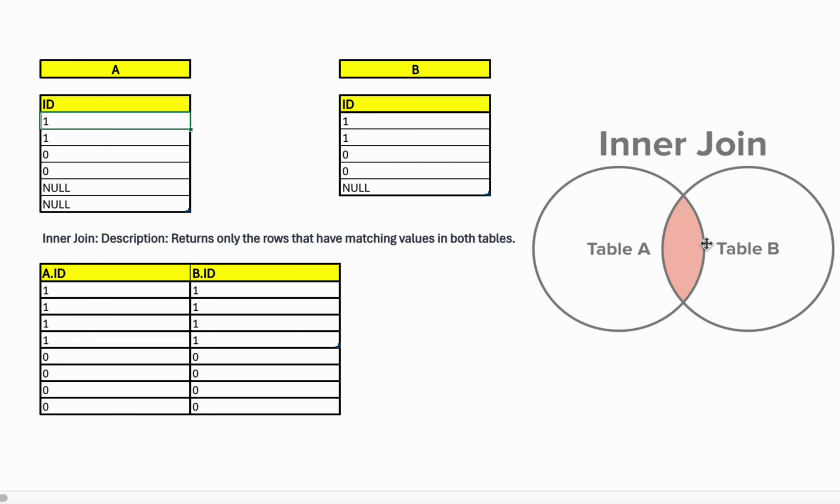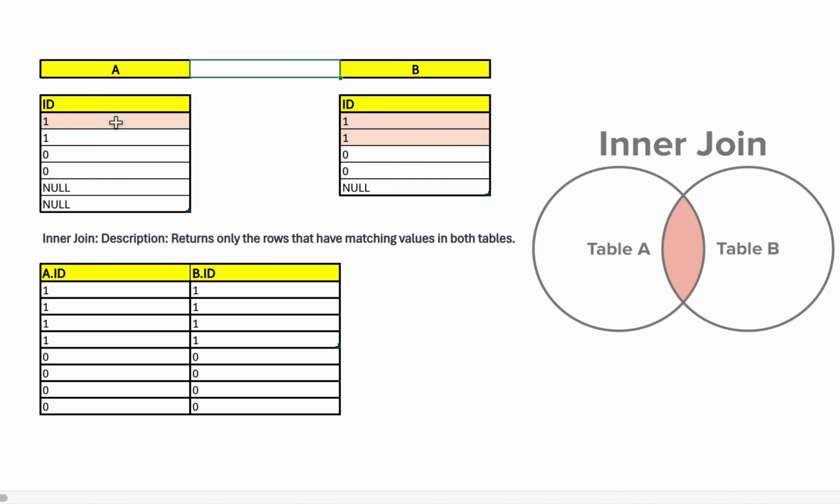Now let's understand the output that we get once we apply this inner join between table A and table B. If you look at the first value in table A, this is 1. If we are joining table A with table B based on ID, for this one we have two matches in table B. You can see these two matches.